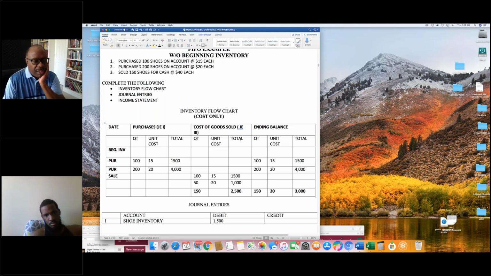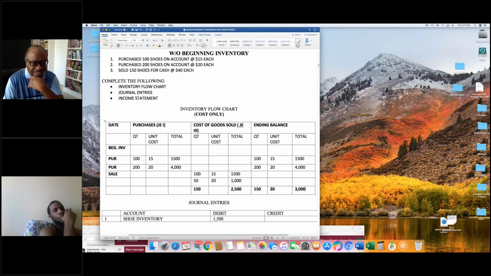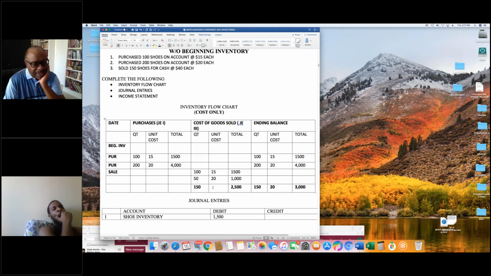How come we don't total up the unit cost in the middle? Because it has no significance. You sold 100 at 15 and 50 at 20.